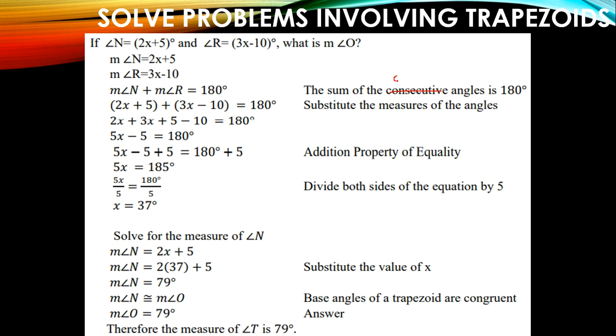They are opposite angles, I made a typing mistake earlier. So the measurement of angle N plus the measurement of angle R equals 180 degrees. That is, the sum of the opposite angles is 180 degrees.